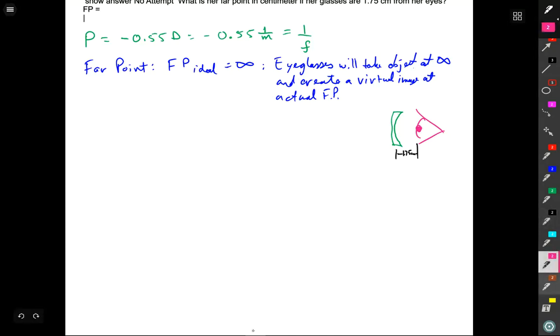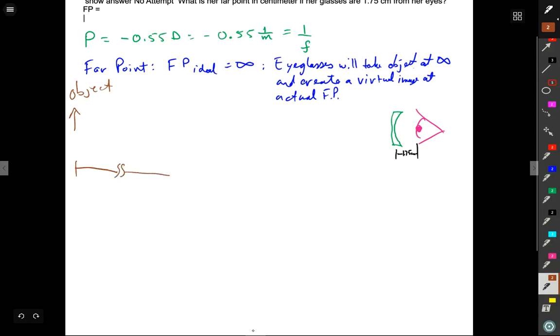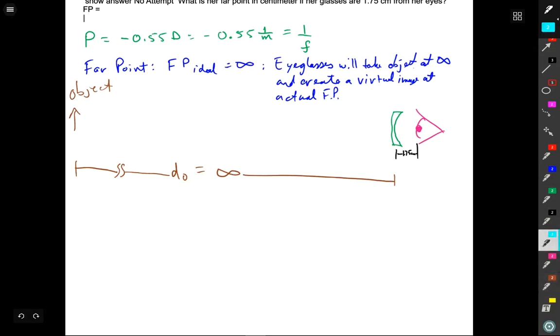So my object is going to be out here. Distance object equals infinity. And then I'm going to have the image. Here's our distance image. So we all down with the picture?